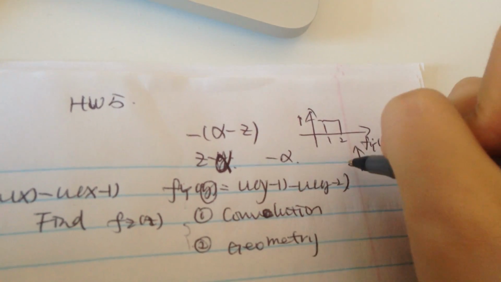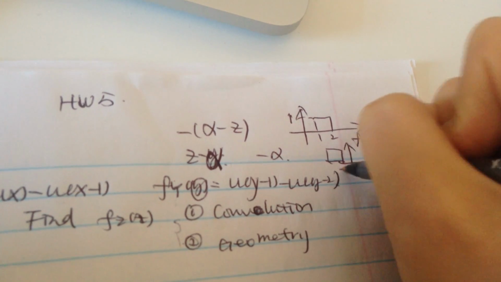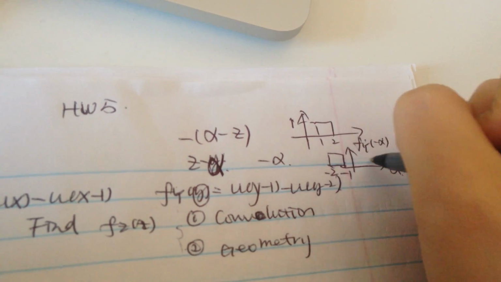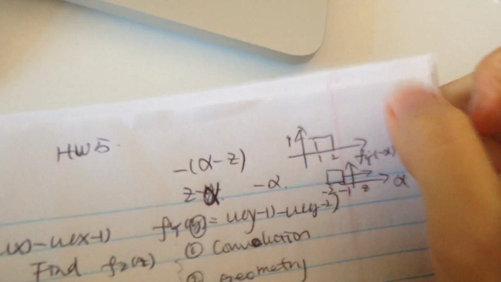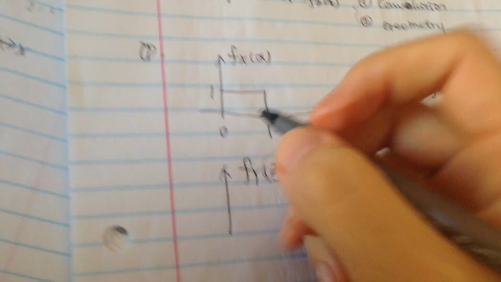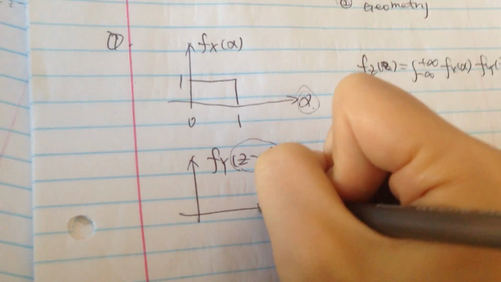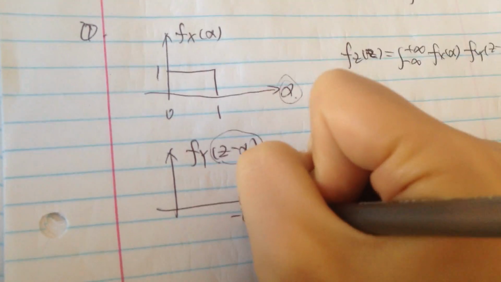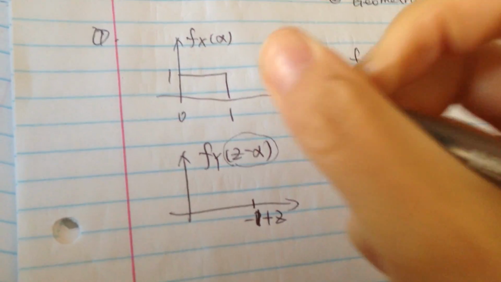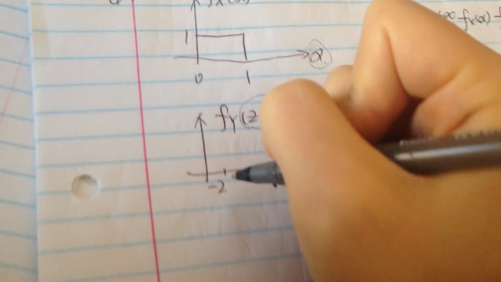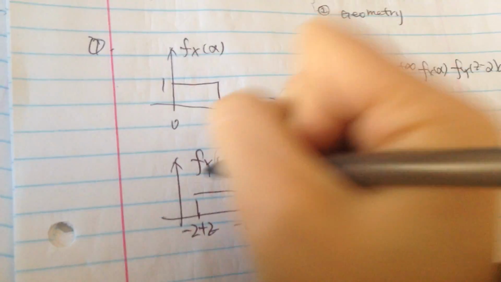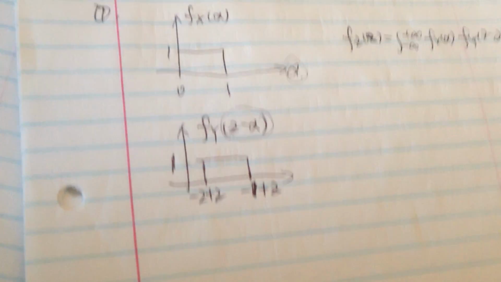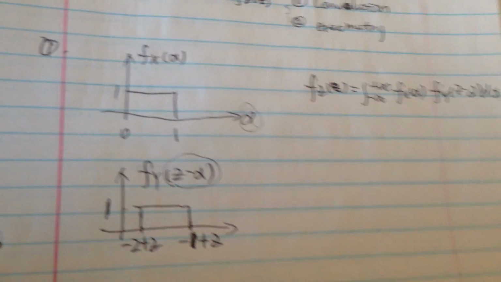This is alpha, so move this to the unit. So here would be 1 plus z, here is -2 plus z. Obviously here should be 1. That should be 1 as well.